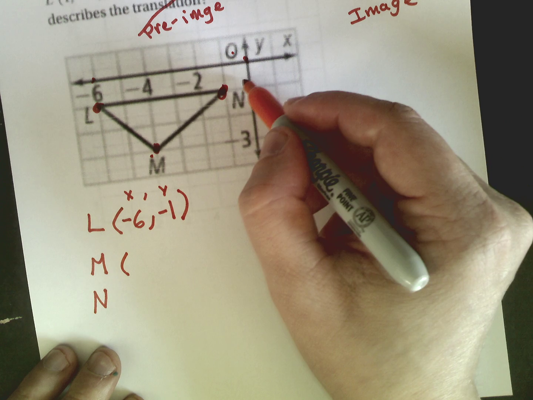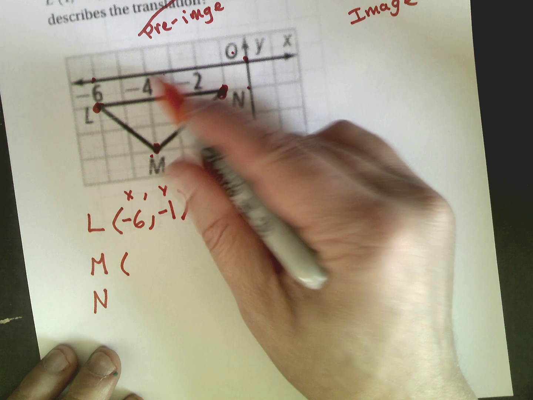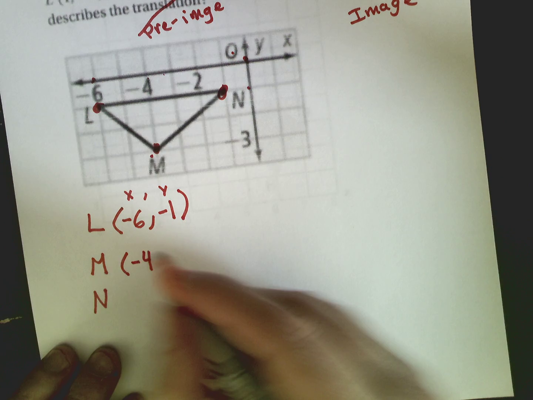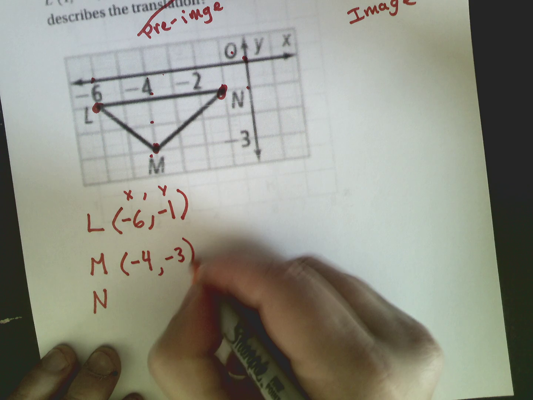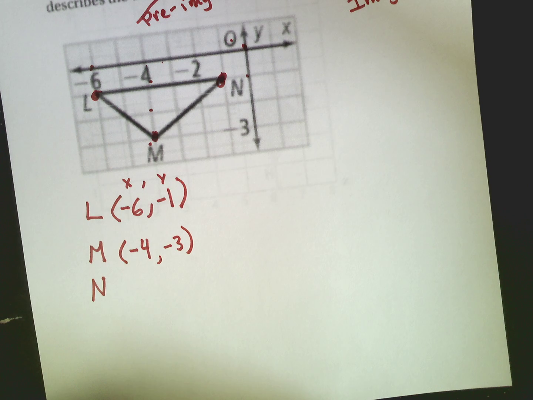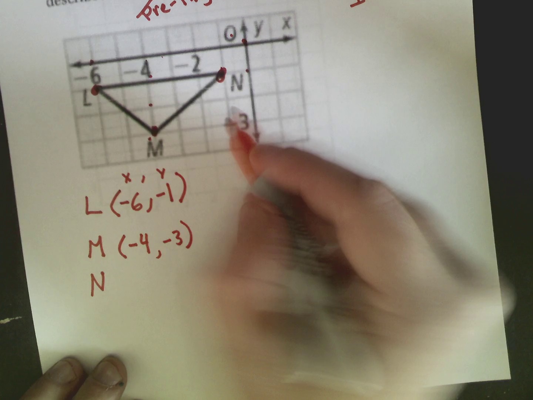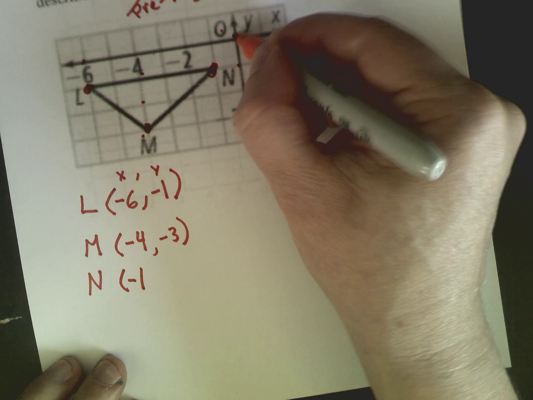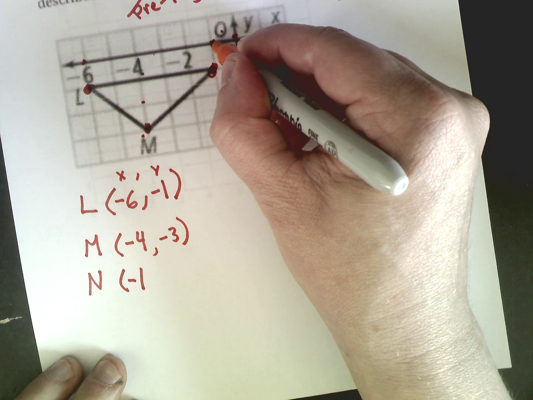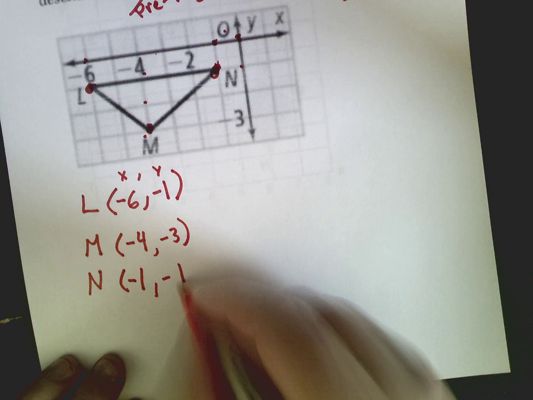M is 1, 2, 3, 4 in the negative direction. Then we do the y, and it's down -1, -2, -3. Okay, they're pretty well labeled. And then N in the x direction is -1. It's just 1 over if you look. Go from 0, go 1 over from the origin. And you go down 1, so that's how it started.